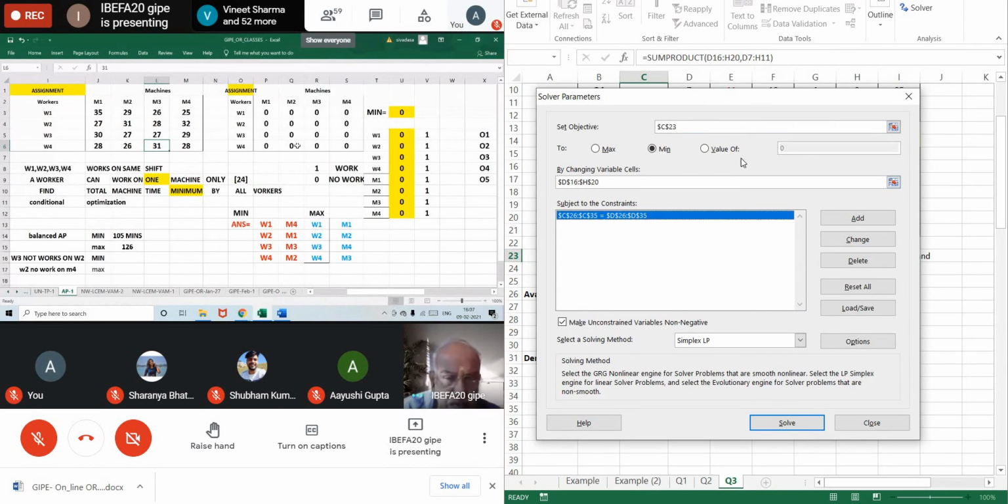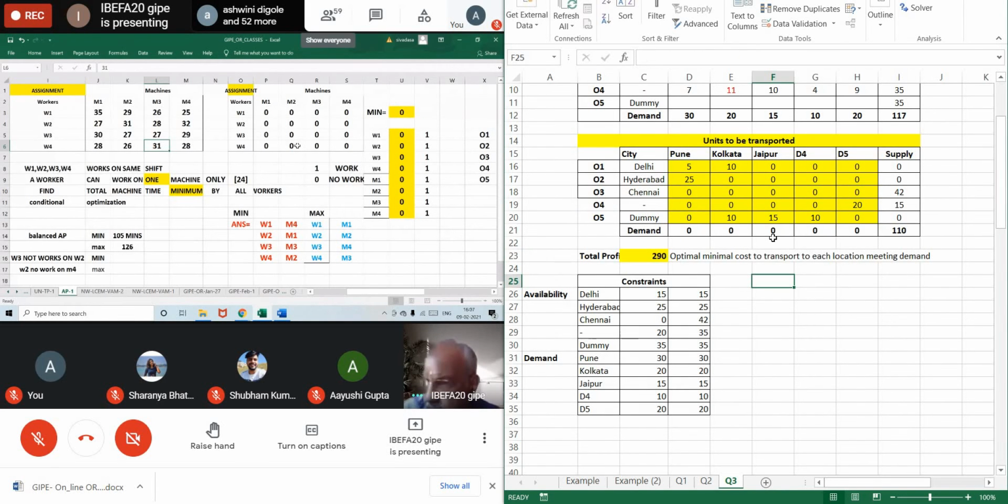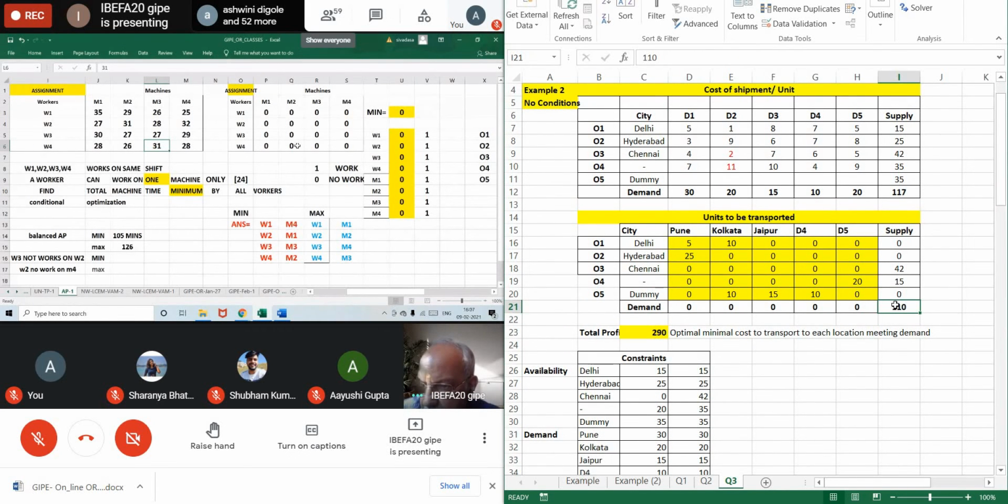Assign the machines to the workers. Assign different machines to the workers so that total completion time is minimum.